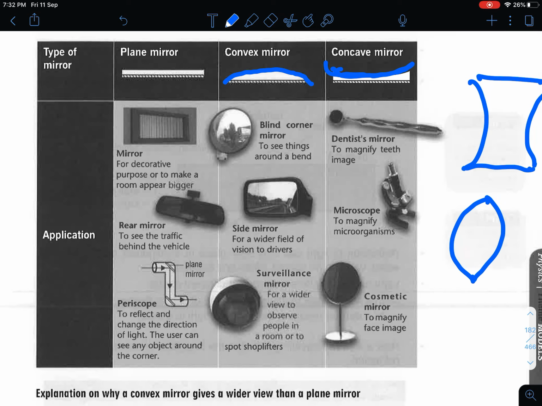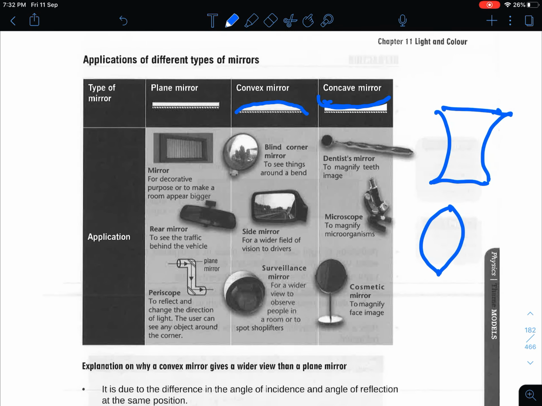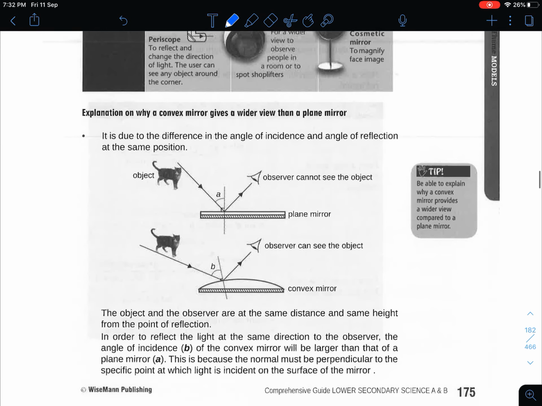Then of course, if you want to magnify a particular small object to something big for you to see, you will use a concave mirror. So things like your microscope and your dentist mirror are used to enlarge the image.